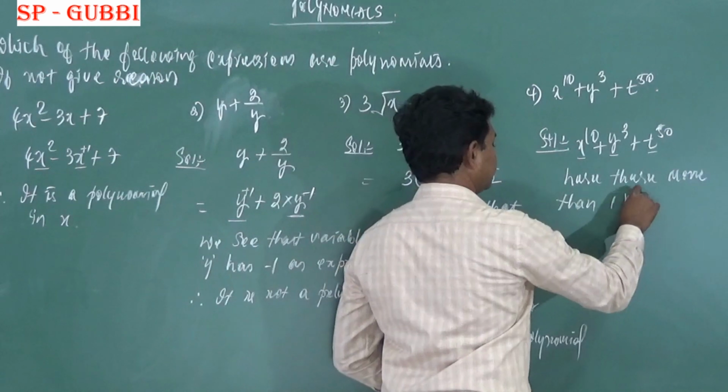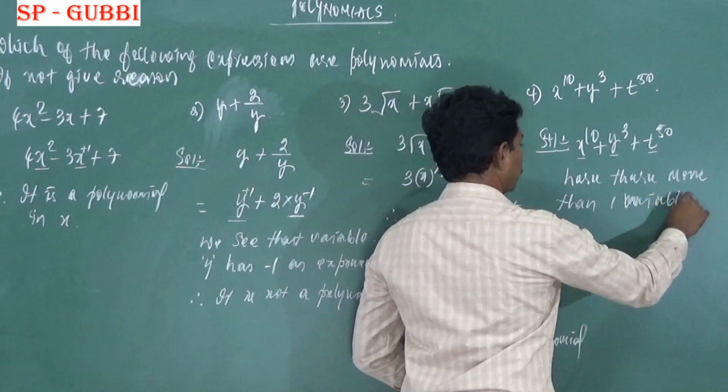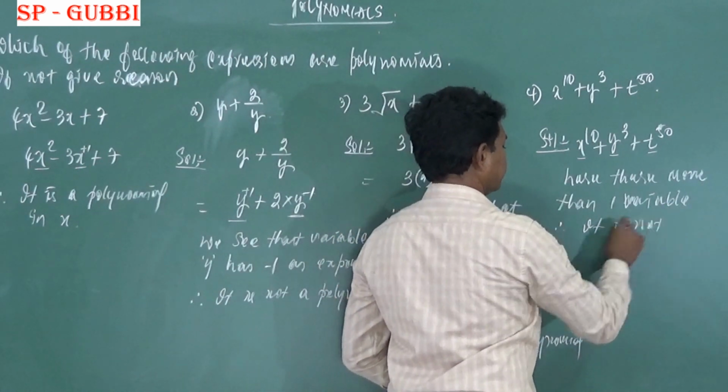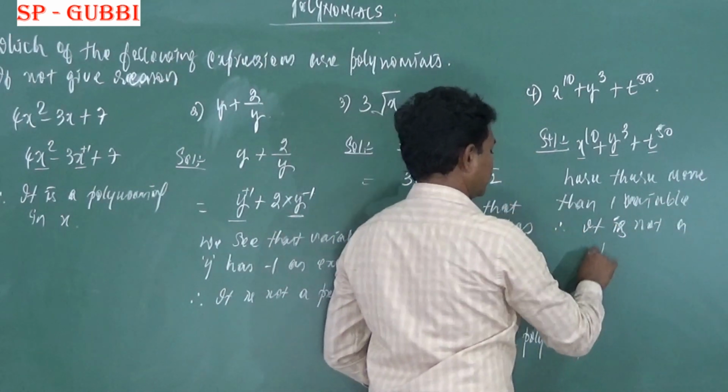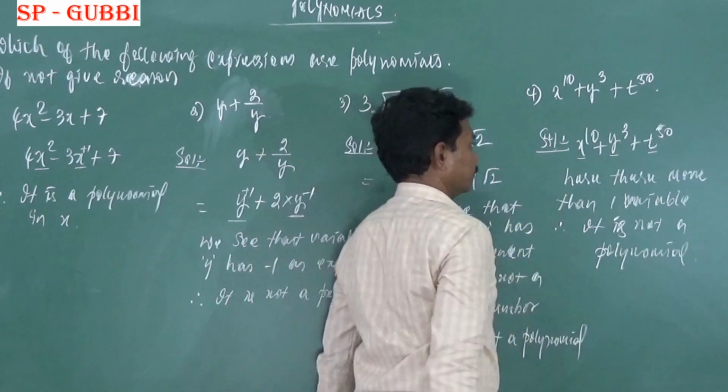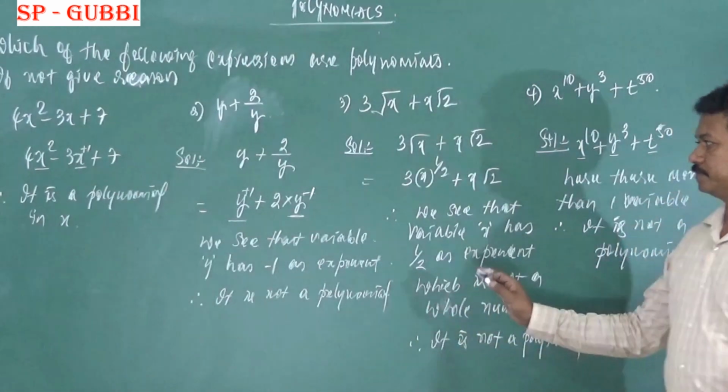There are more than one variable, so therefore it is not a polynomial. So this is the solution for this. So it's very important.